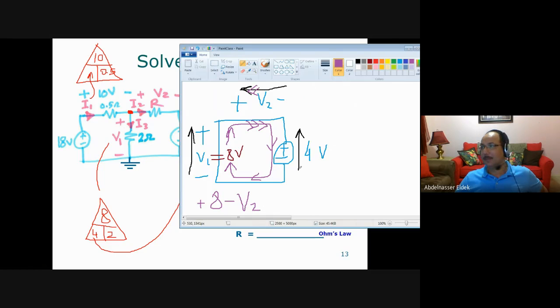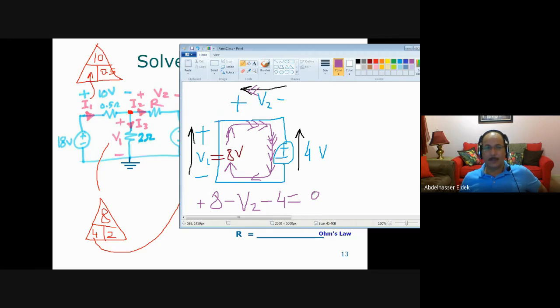What about the 4 volt? The 4 volt is negative, because it is opposite to the clockwise. Here's the clockwise, it's going down, and the 4 volt is going up, so it's opposite. Then this equals 0.